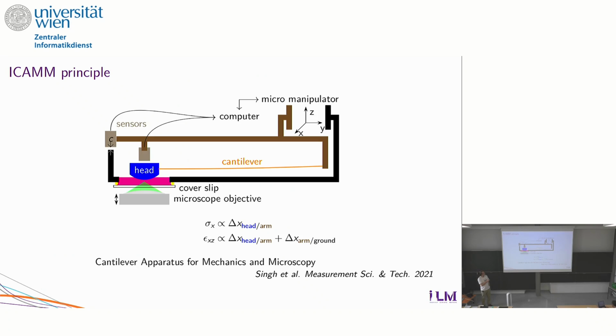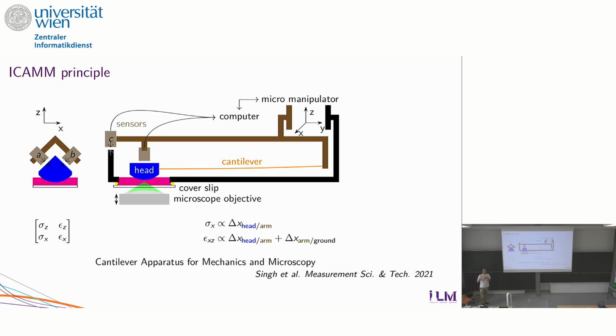So the idea is, the sample is here, the pink part. It's between a cover slip through which we can look with a microscope and the head of a cantilever. And don't imagine an AFM. This is 20 centimeters long, right? Then with sensors here, and I say sensors in the plural because I have two like that in the shear plane, I can detect the position of the head with respect to its base.